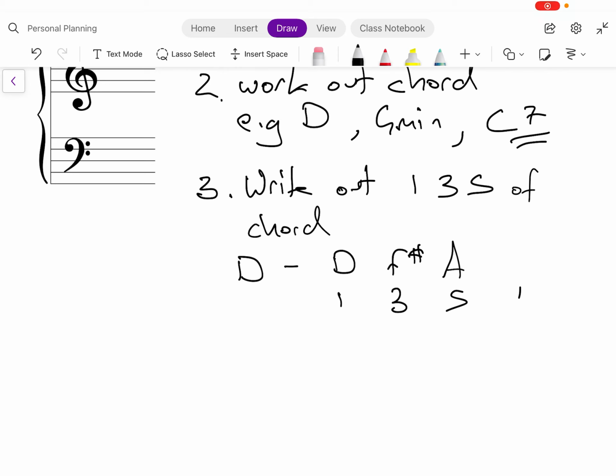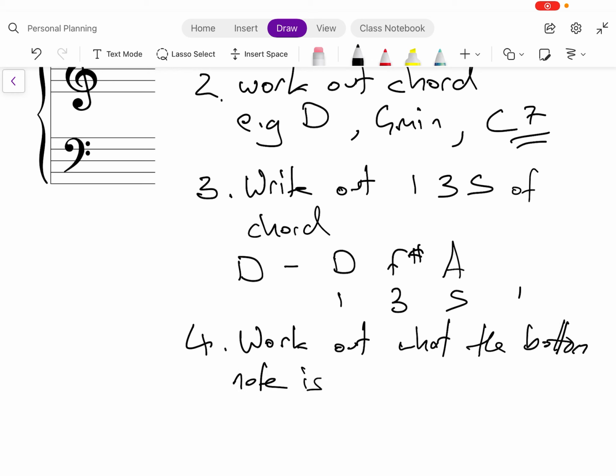Just make sure that in your final answer you explain that it's a 7 chord. 4, work out what the bottom note is. And that will let you know whether it's in root position, first inversion or second inversion.